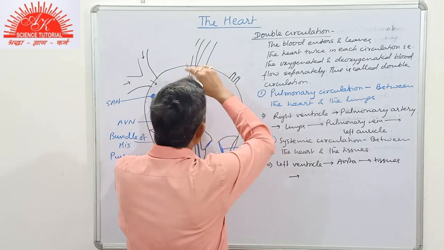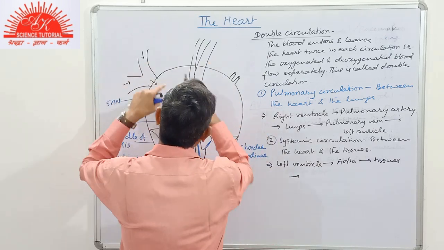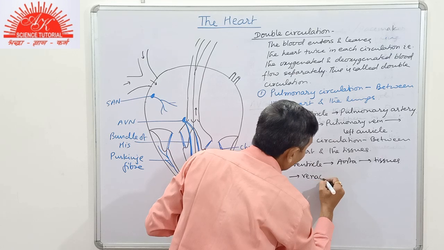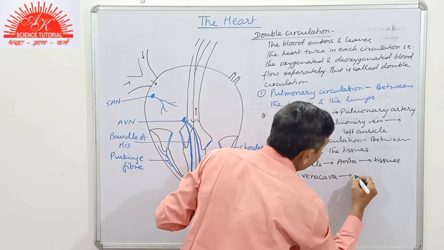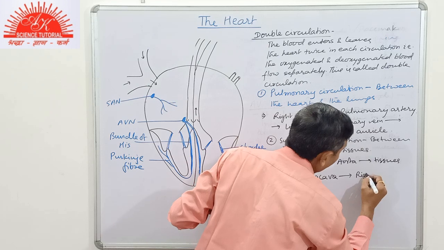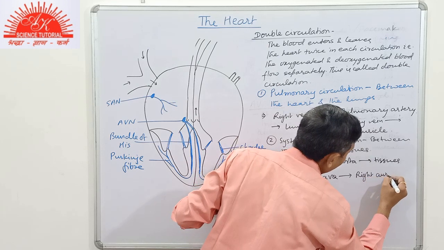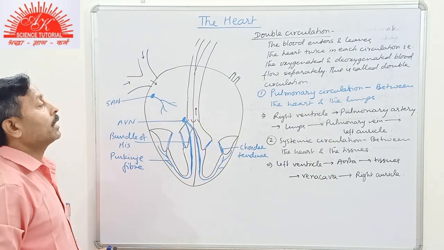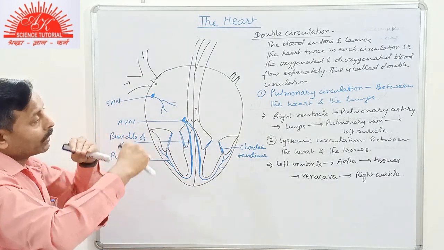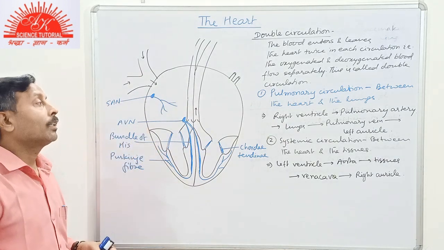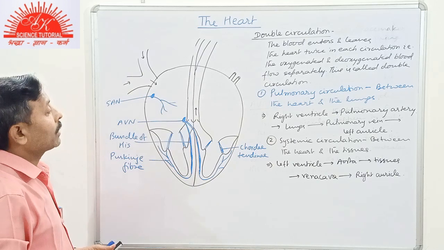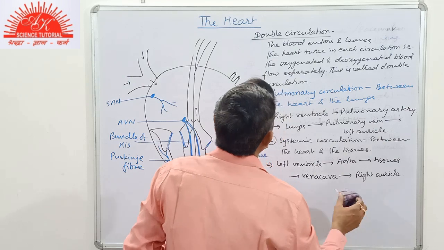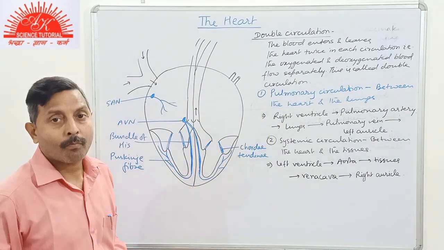After that, from the tissues it returns through the vena cava, and then to the right auricle. So in this way we see that the blood flows in two parts, the pulmonary circulation and the systemic circulation. Together it is known as double circulation.